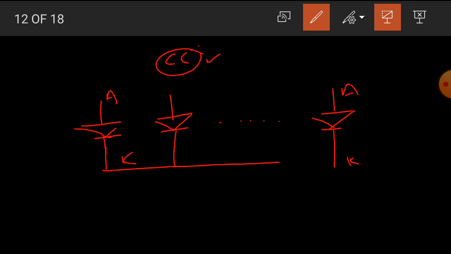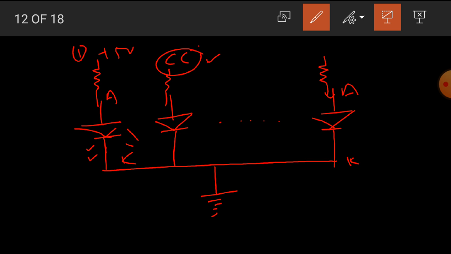The cathodes of the LEDs are connected together and grounded. Hence, to glow this LED, we have to provide plus 5 volt or 1 to this LED, then it is on. I hope you all understand.